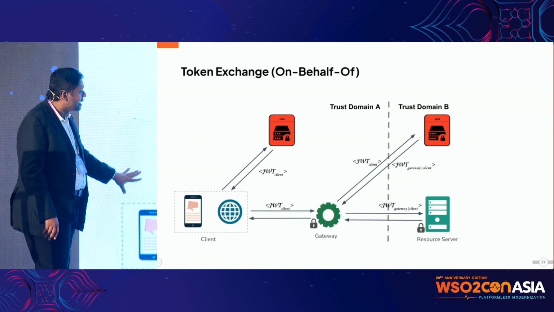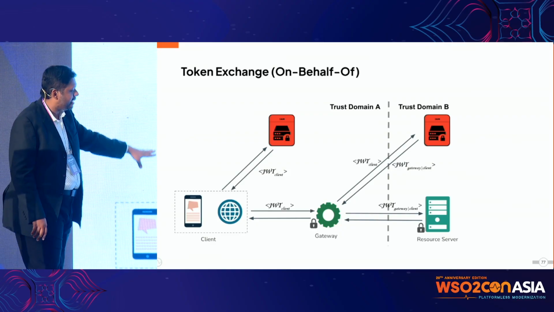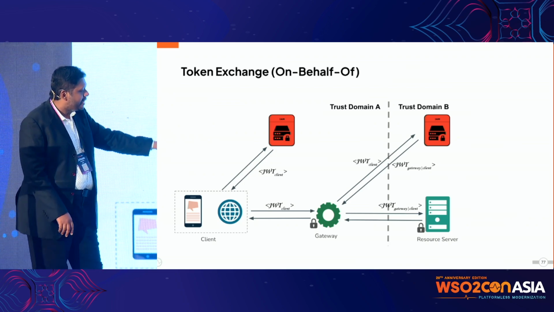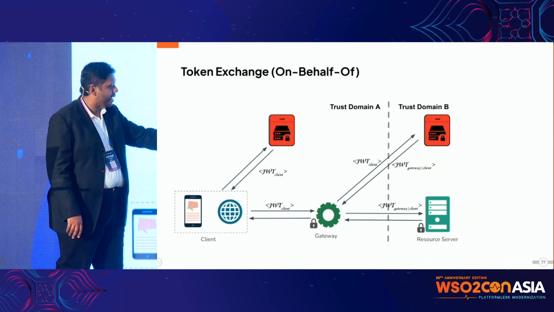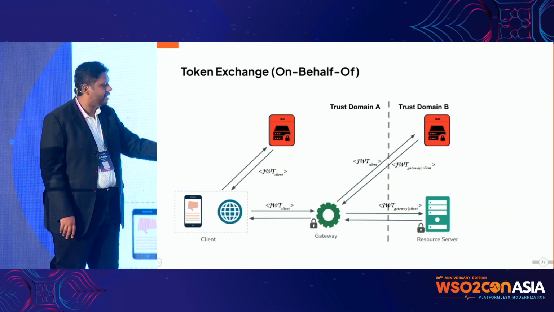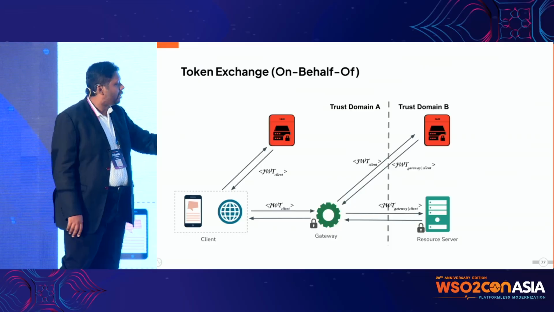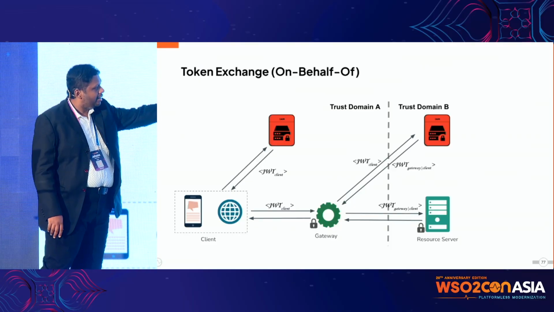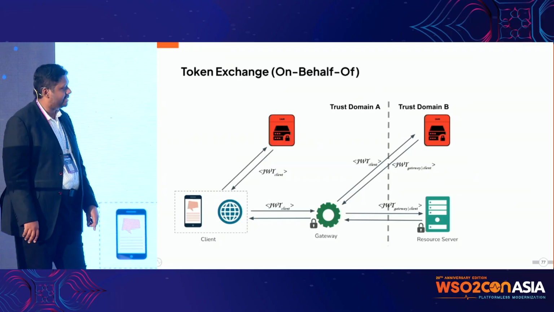So the client, as usual, is going to get an access token from its IAM system, and then it's going to call the gateway. Now, when the gateway calls the resource server in the other domain, it can't just send a token that is generated by itself. It needs to exchange that token for a token from domain B by calling the domain B authorization server.